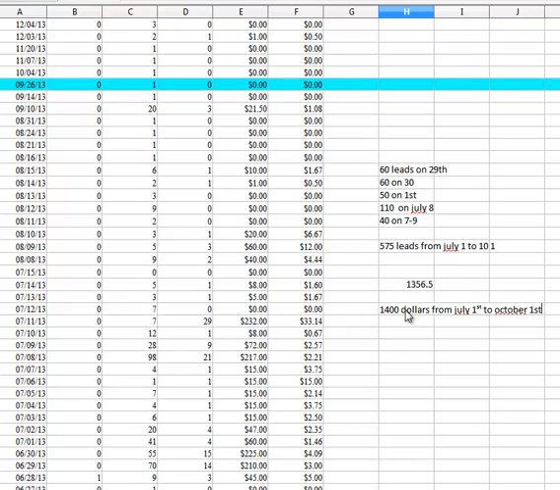July, August, September, October. So is that 2 months? From July, well, you got to count July. July to August is 1 month. August, September is 2 months. September to October is 3 months.